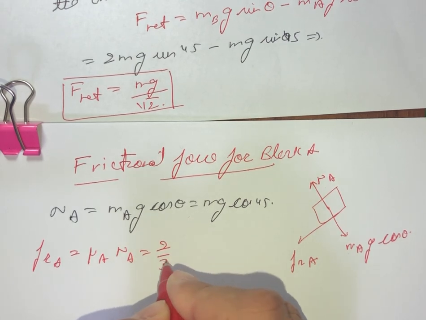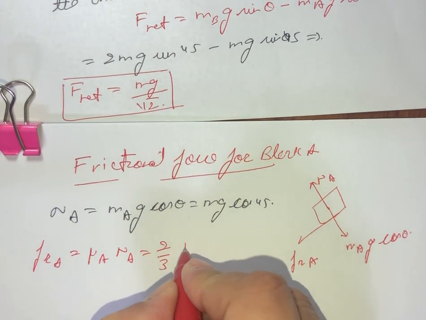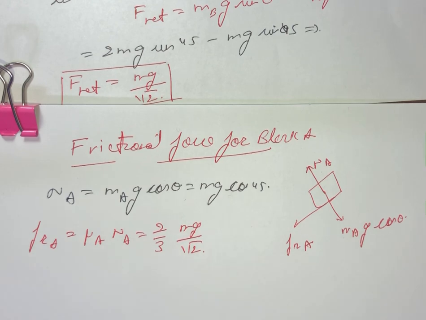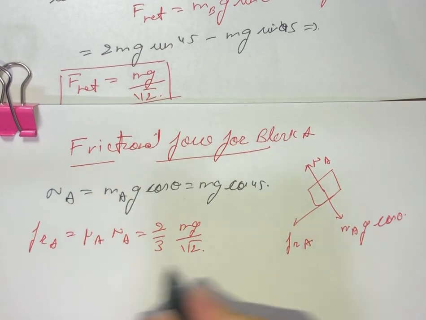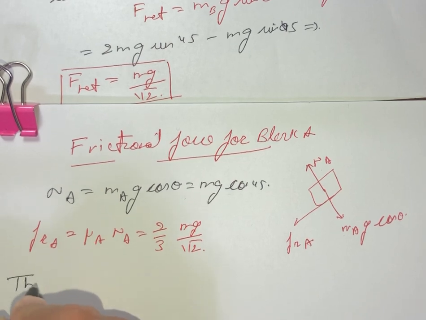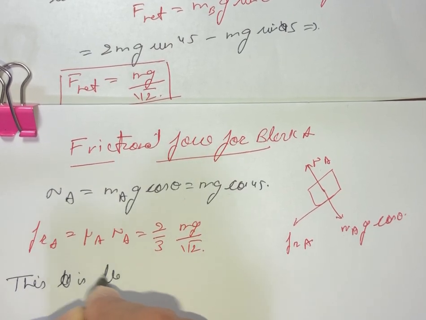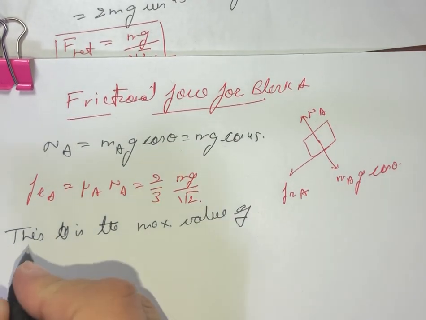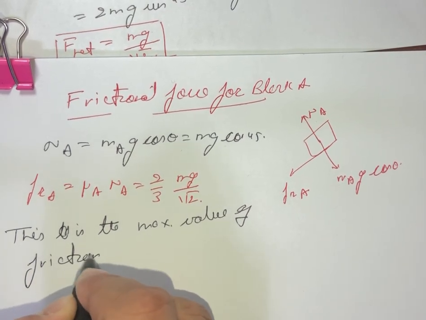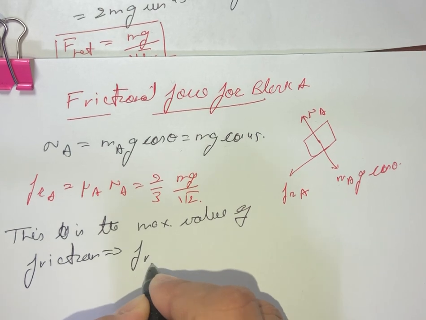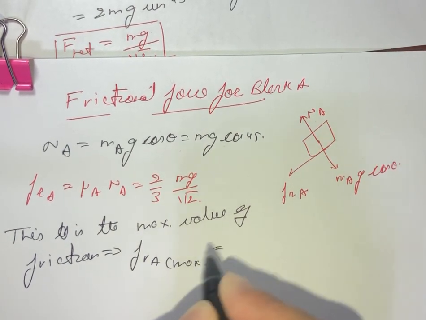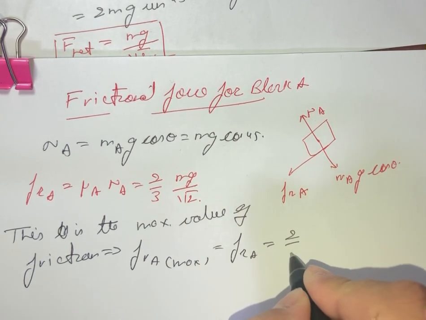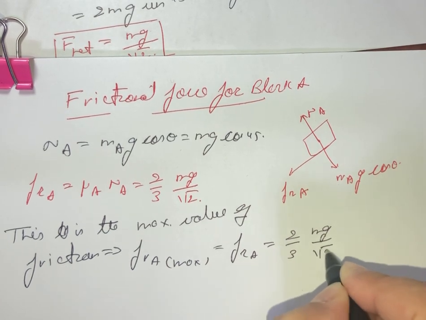So this will be 2 by 3 mg divided by root 2, and this is the maximum value of friction. Therefore FRA max is equal to 2 by 3 mg divided by root 2.